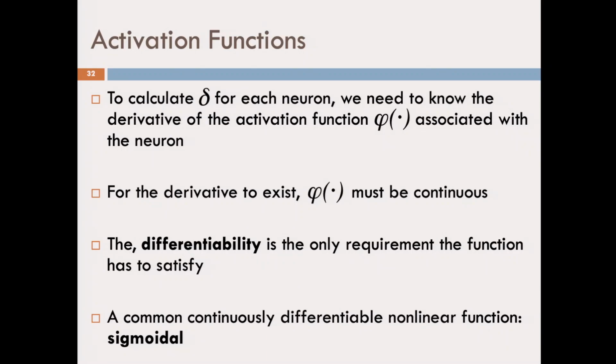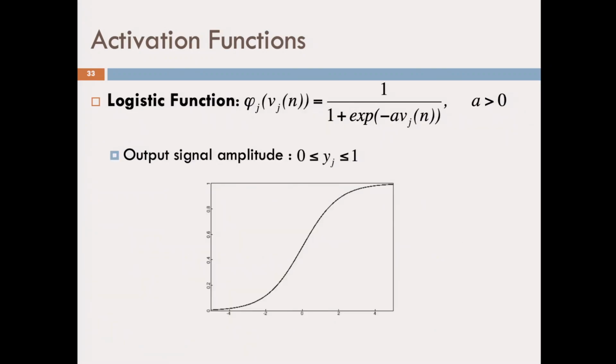A common function that is used is the sigmoidal. Usually we use two sigmoidal functions, logistic and hyperbolic tangent. Nice. So this is the logistic function. This guy here is the activation potential, that's just the linear combination of weights and inputs.